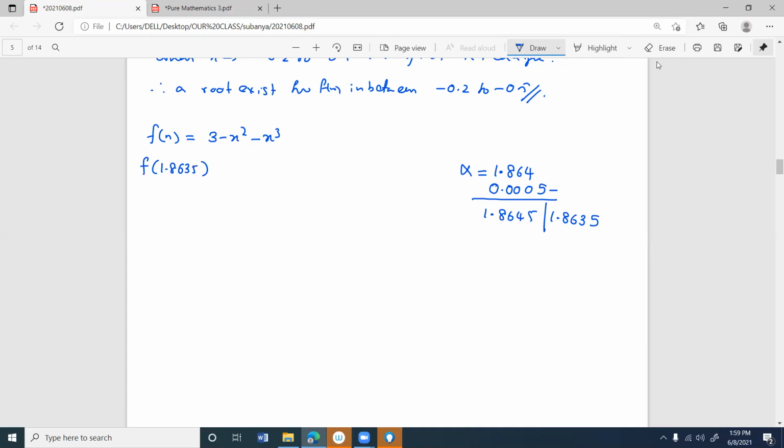f(1.8635) would be 3 minus 1.8635 squared minus 1.8635 cubed, which is minus 6.14.